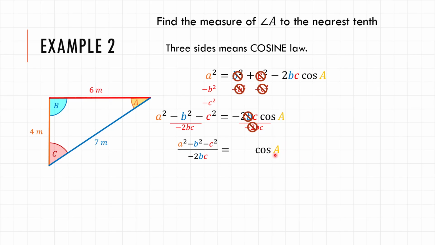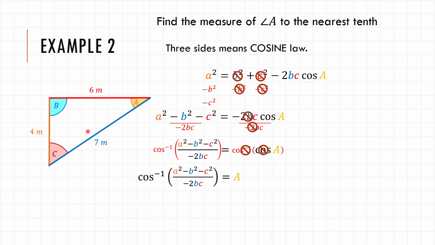Notice I am getting closer to isolating A. The last step I'm going to take is the cosine inverse, and that will cancel it out on this side. Then I have to do the same thing on the other side, leaving me with an expression like this. And this is actually yet another version of the cosine law. I've just rearranged it to isolate for an angle.